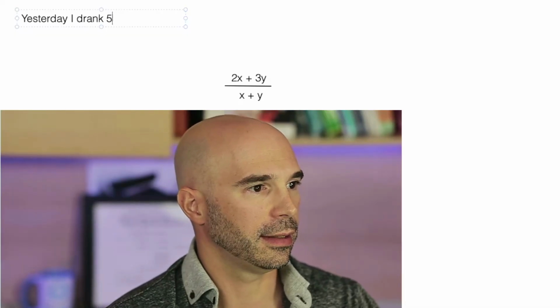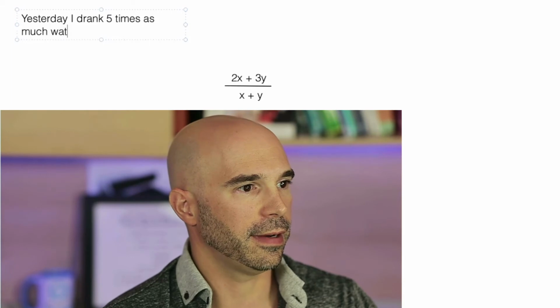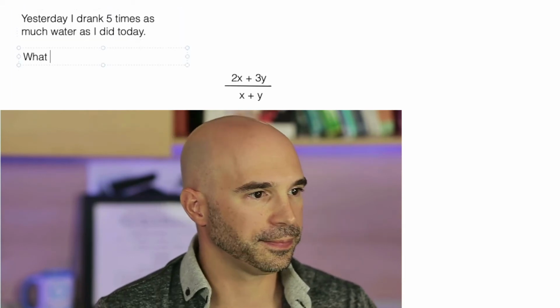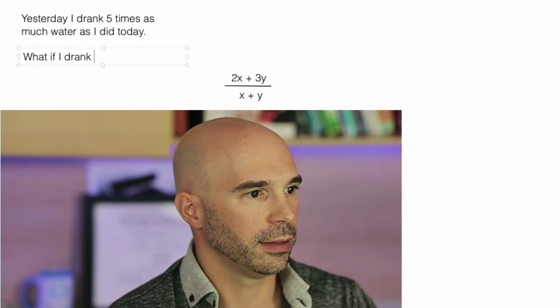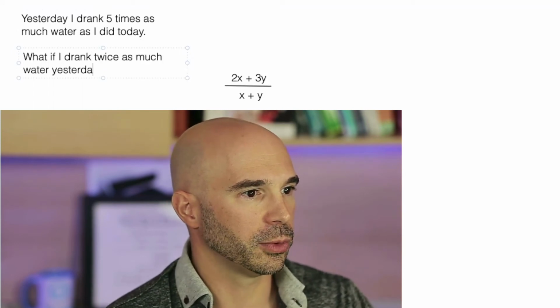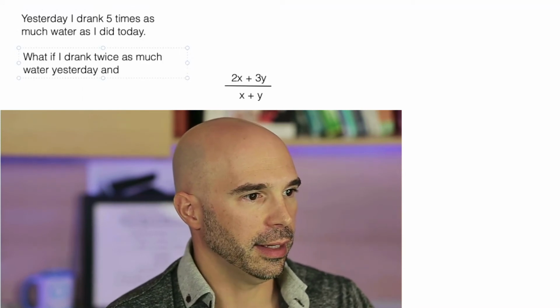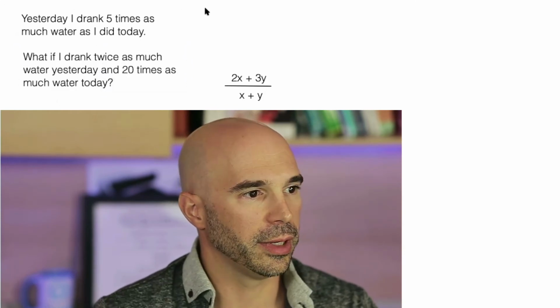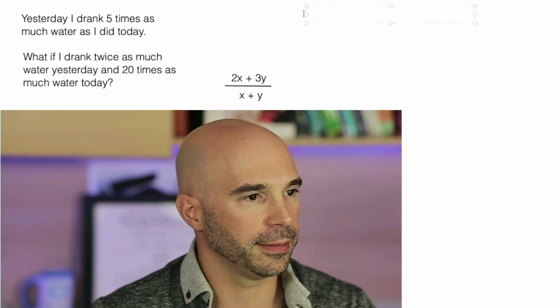Yesterday, I drank 5 times as much water as I did today. What if I drank twice as much water yesterday and 20 times as much water today? What would happen to the overall amount that I drank?